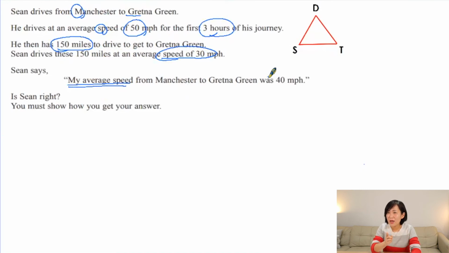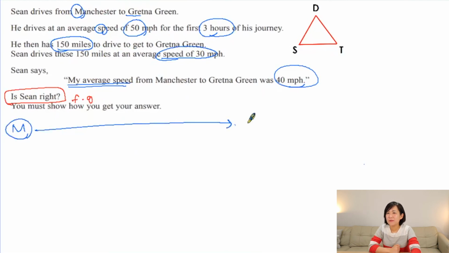Here, this average speed is different, because it is talking about the whole journey, right? So this is the average speed we've been talking about. Our final goal is finding whether Sean's statement is right or wrong.